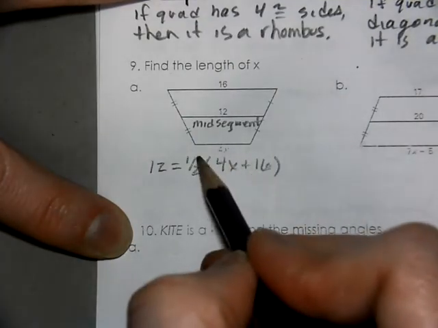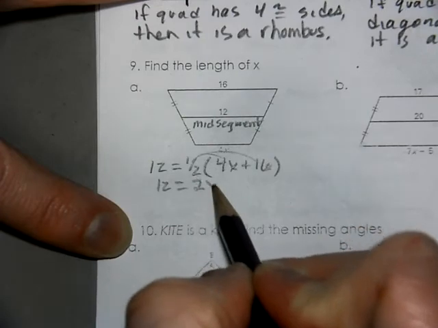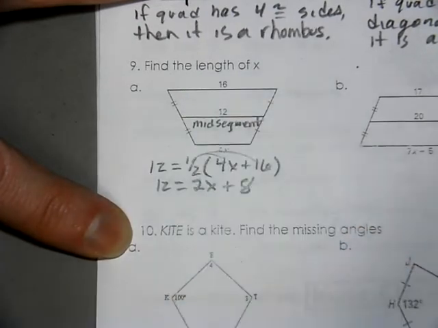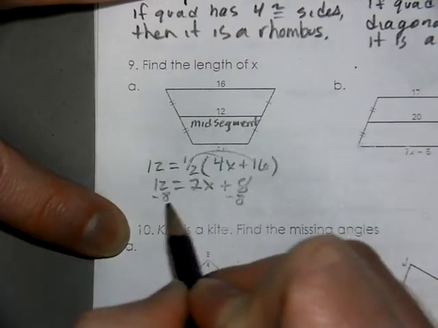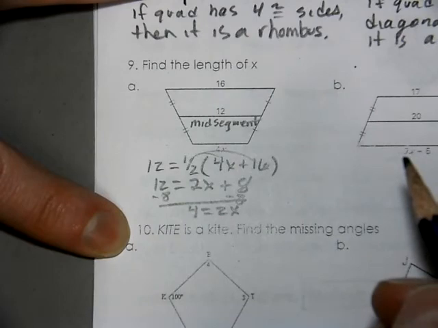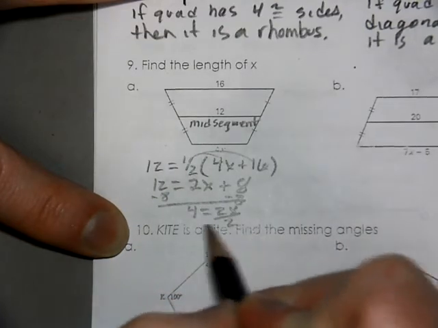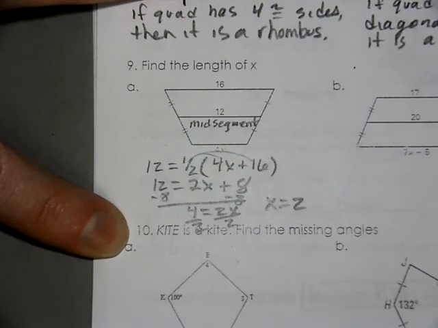These are both even numbers, so I can distribute that through to make life easy. Take half of the 4 and take half of the 16. So x equals 2.